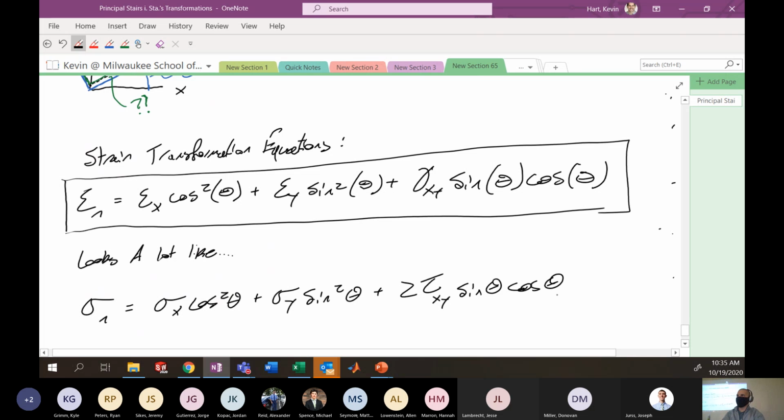It looks a lot like that, but the factor of 2 is different. This guy is the difference. And that's because when we do the derivation for strain transformations, we have this gamma over 2 that's floating around that I sort of talked about at the beginning of the lecture. Because of all that nonsense.